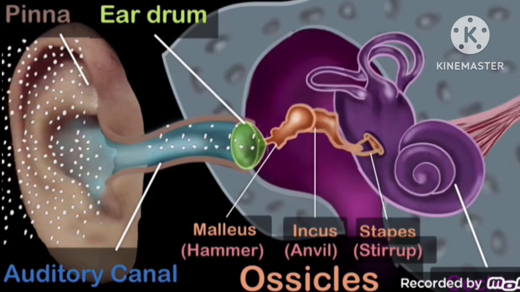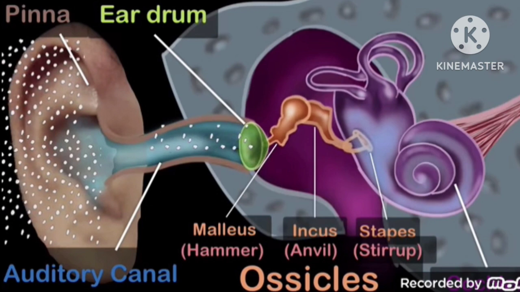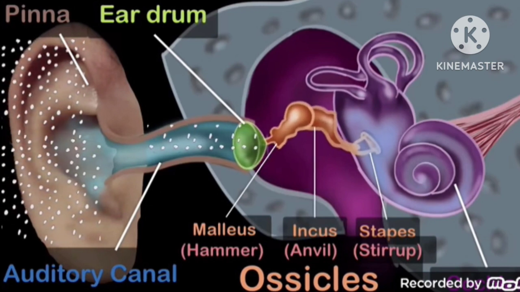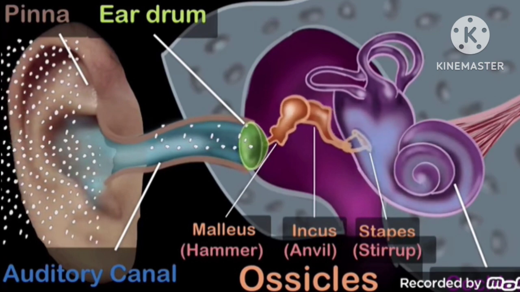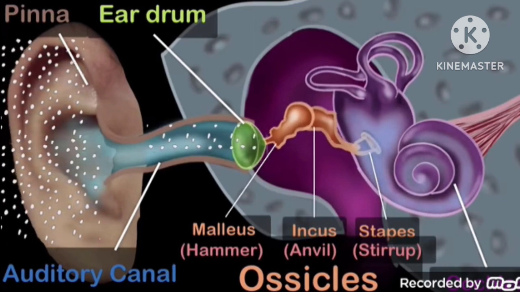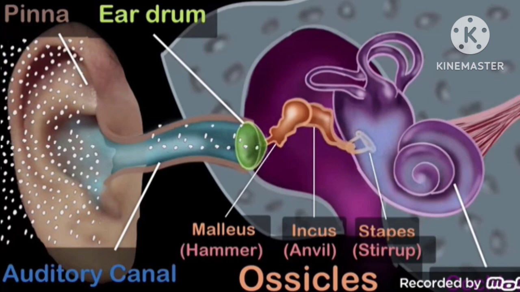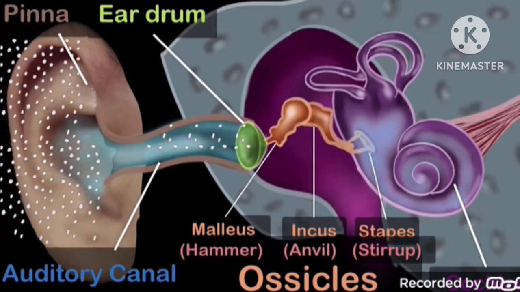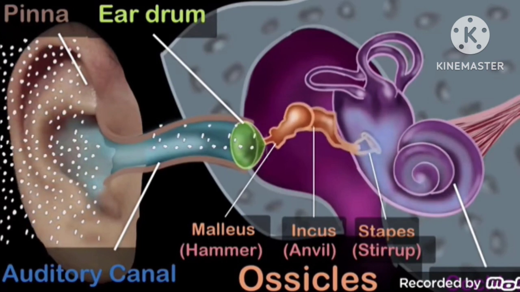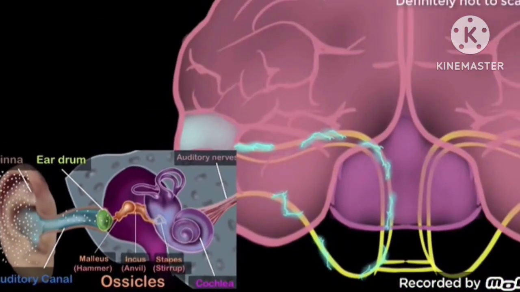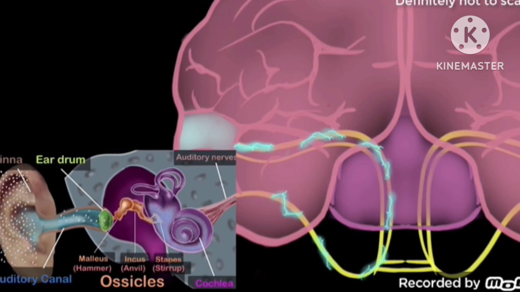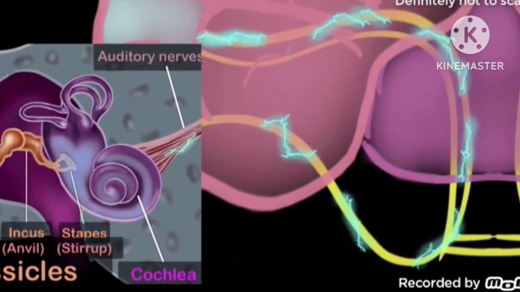Hence we'll not go into the detail. But as mentioned earlier, it contains a liquid medium, and when the stirrup hits the cochlea this liquid starts vibrating, and then certain specialized cells in the cochlea convert these vibrations into electrical signals, and these electrical signals go through the auditory nerve all the way to your brain, where they finally get interpreted as sound.